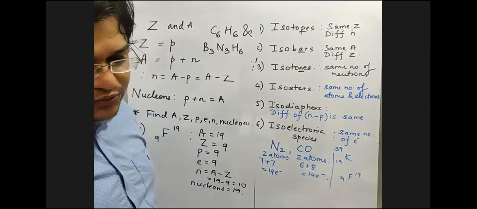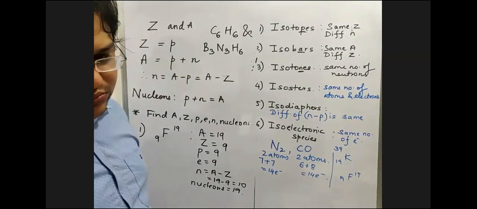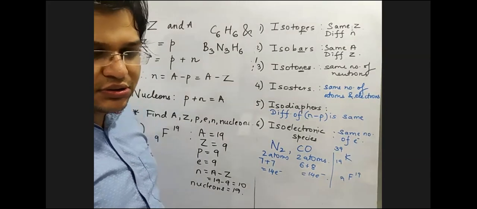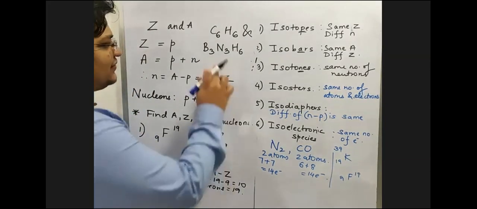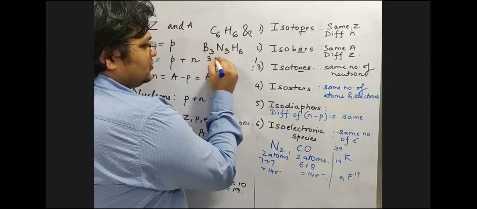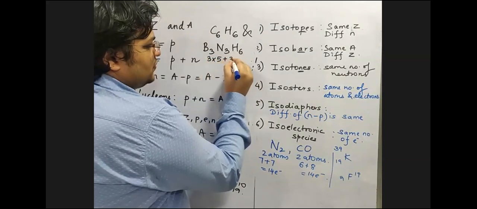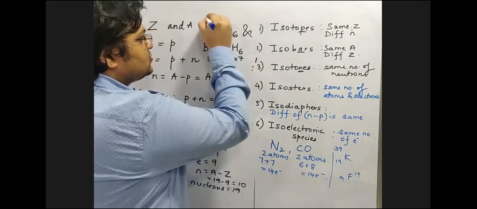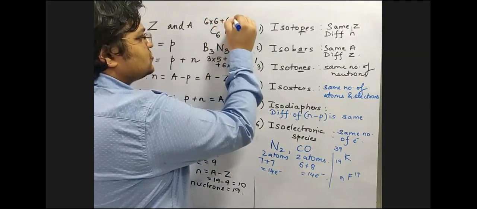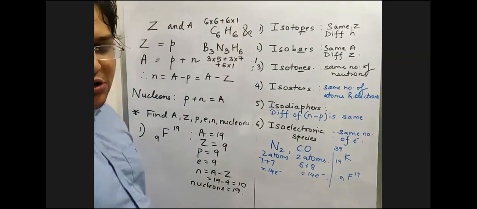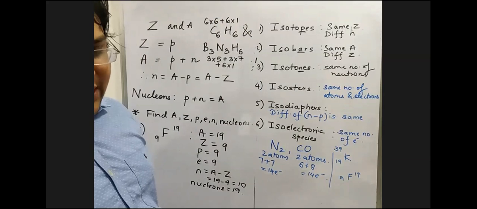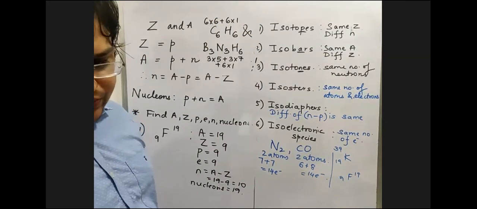Can I say 42? Do you know how to count the number of electrons? So B3N3H6, now calculate here: 3 into 5 plus 3 into 7 and 1 into 6. Can I say here also I get 42? Yeah. So they are isosters over there. Very true.